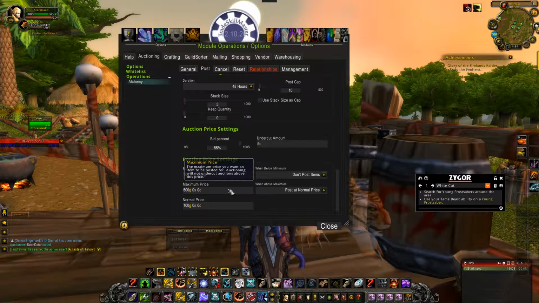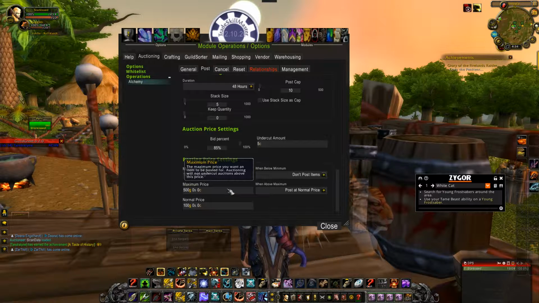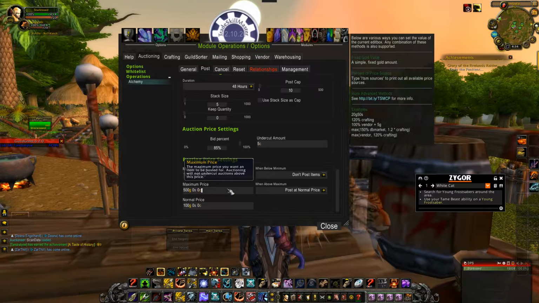Here, in the maximum price, I've used a fancy operator which simply tells TSM to take the maximum of either of the two values. Oh, hang on. Apparently it got changed on me.